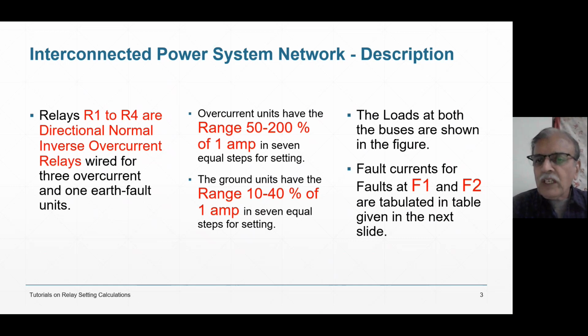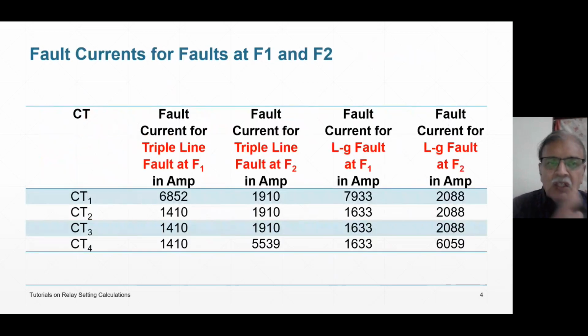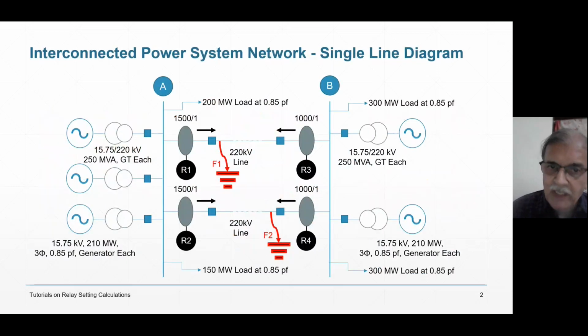The loads at both ends are shown. Fault currents for faults at buses F1 and F2 are given here in this table. The triple line faults we have talked about, we'll talk about line to ground, that is on CT1 when fault occurs at F1. I repeat, friends, fault occurs at F1.